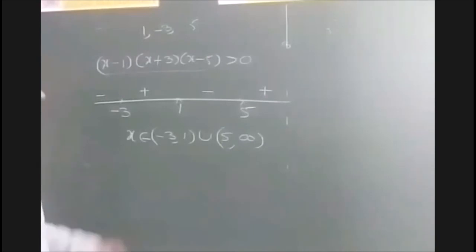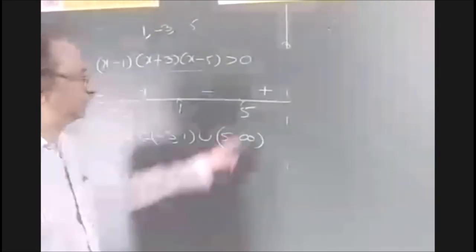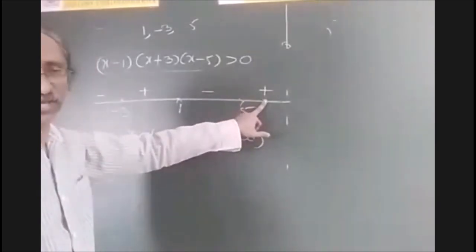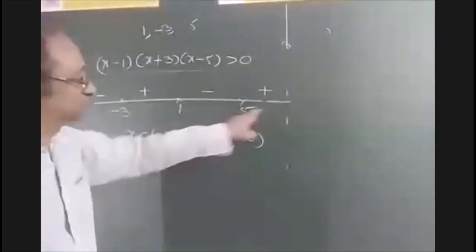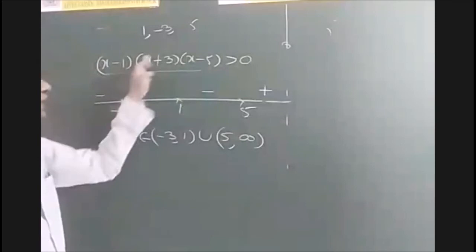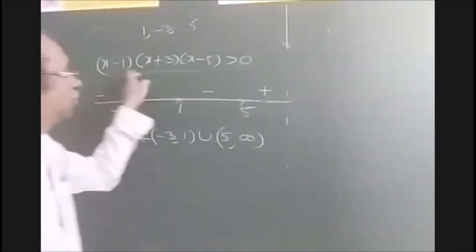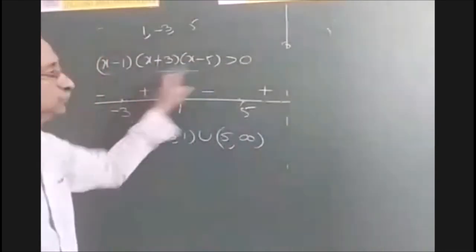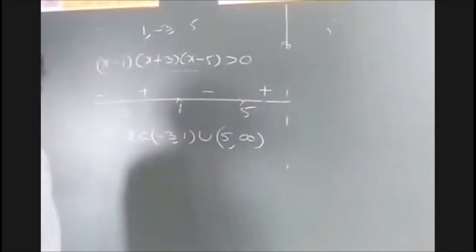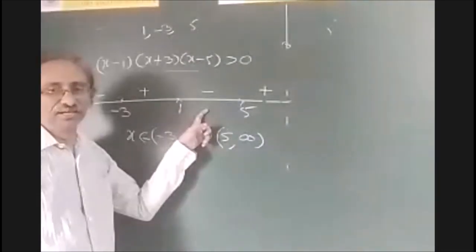Right. Now you can use your logic too. Why is it positive here? Because if x is greater than 5, automatically x is greater than -3 and greater than 1, so all three factors are positive. So you get positive. Similarly, why is it minus here?